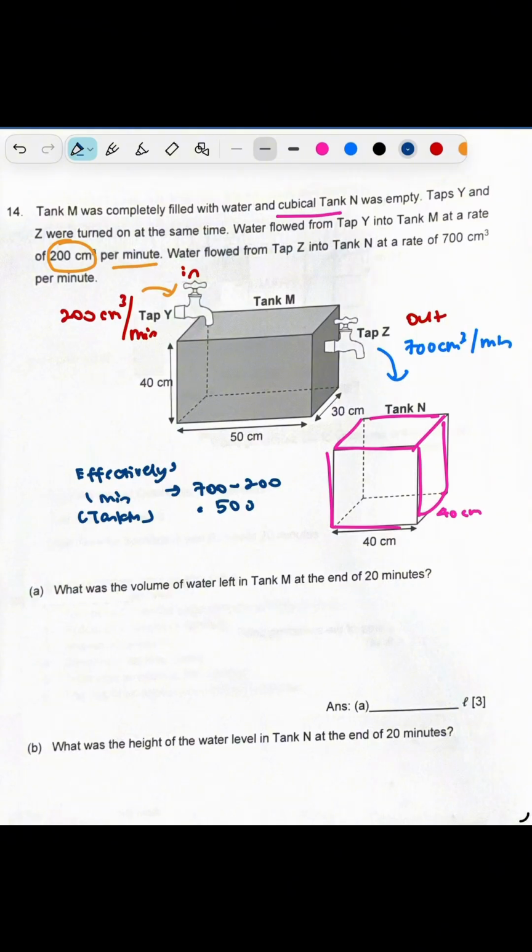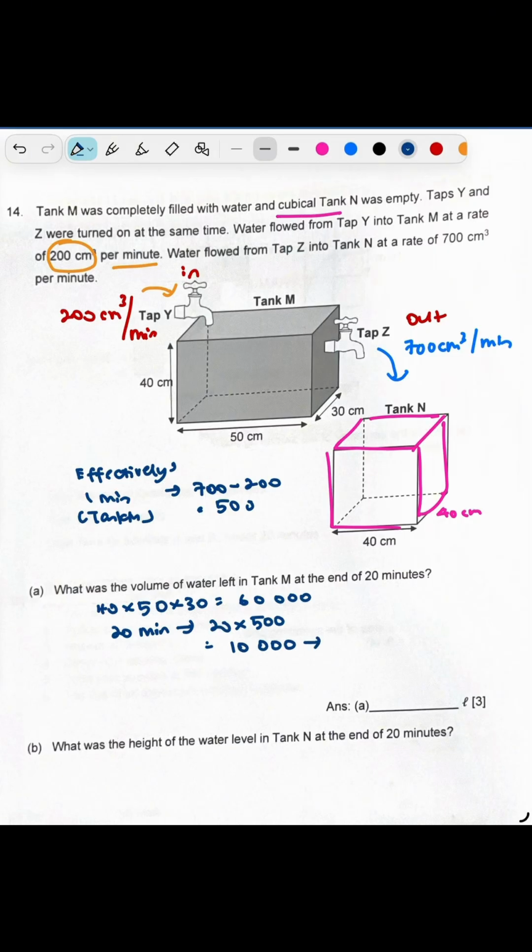Okay, so with that they asked you, what was the volume of water left at the end of 20 minutes? Okay, so the first step is find the original amount of water first in tank M. I take the length times breadth times height to give you 60,000. Alright, and you know that 20 minutes later, what will happen? You take 20 minutes times 500, it is 10,000.